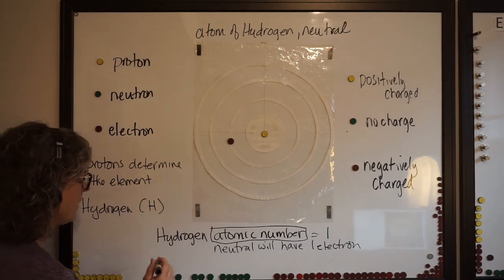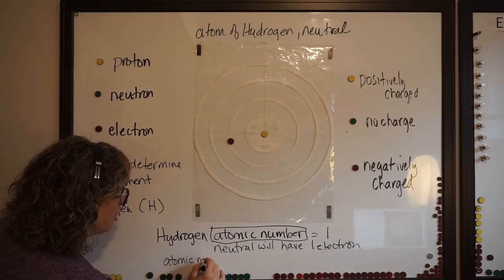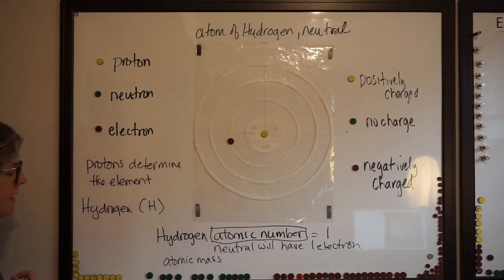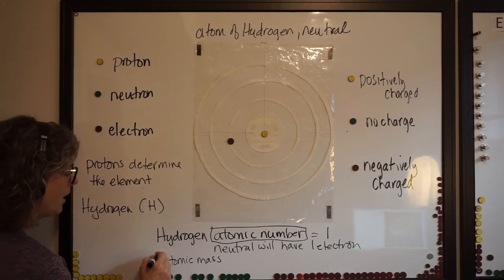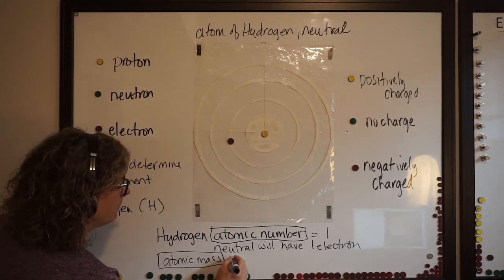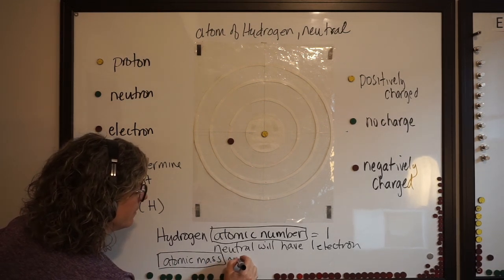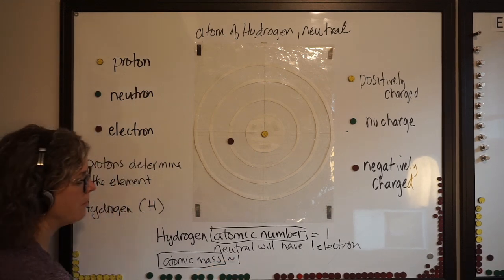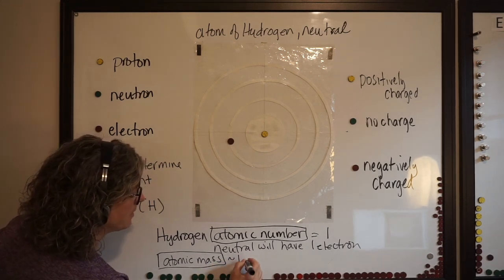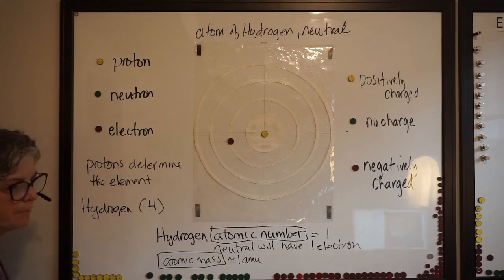We go to something called atomic mass, and again, we're getting into periodic table stuff, which we're going to be spending some more time on. When I look at the atomic mass of hydrogen, I find it equals approximately 1 atomic mass unit. The atomic mass unit, AMU, is a little bit older school.